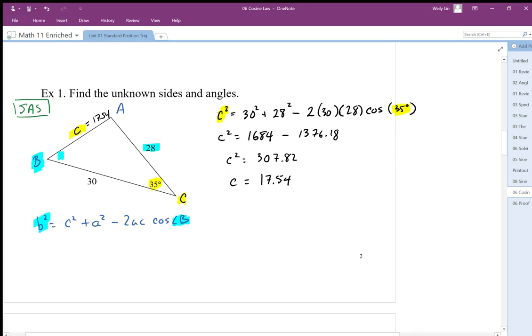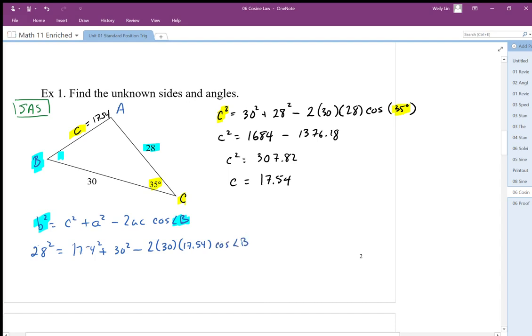So when I work this out, I end up with 28 squared is equal to C squared, which is 17.54 squared, plus A squared, which is 30 squared, minus 2 times 30 times 17.54 cosine of angle B.